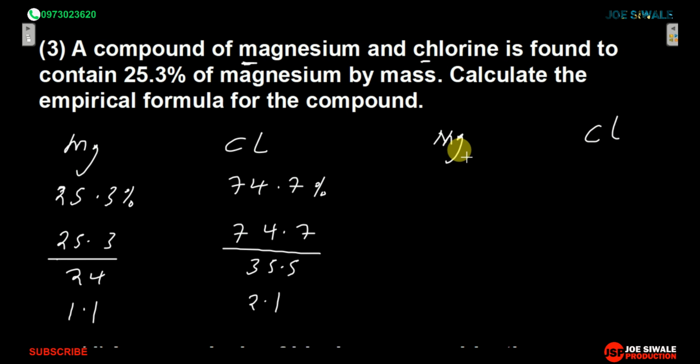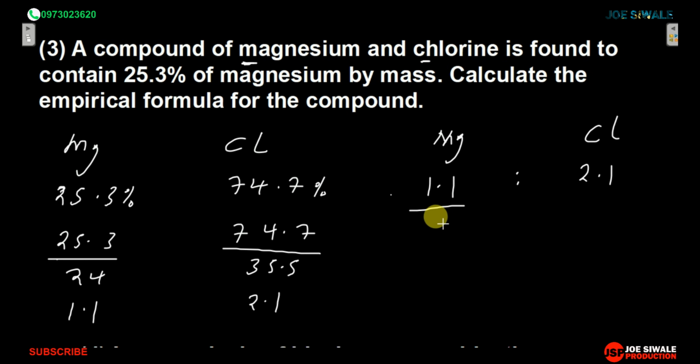So we're going to write down magnesium and chlorine there. So magnesium, we know that's 1.1. Then chlorine, we know that's 2.1. Then since these are our answers, we're going to divide by the smallest number.